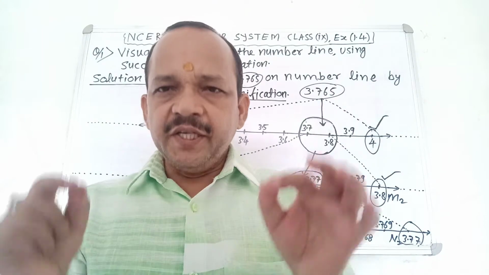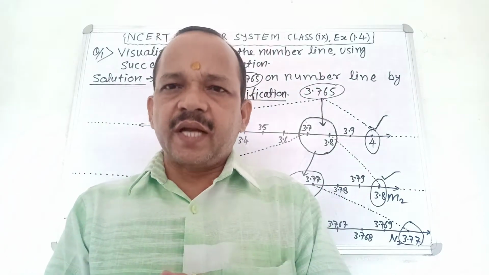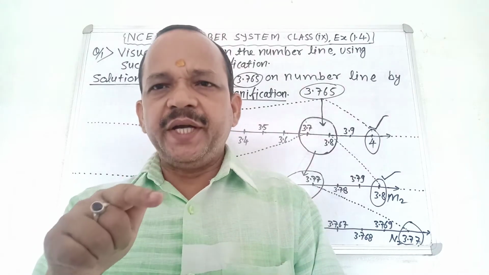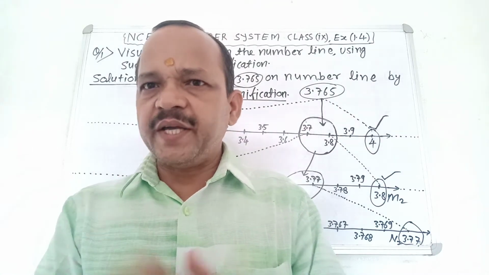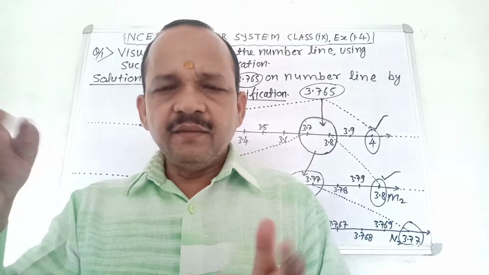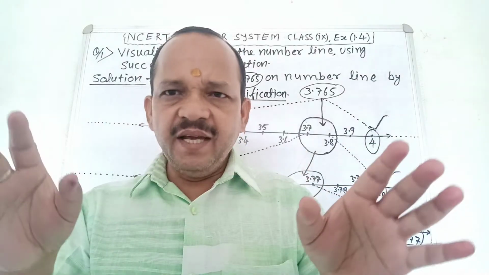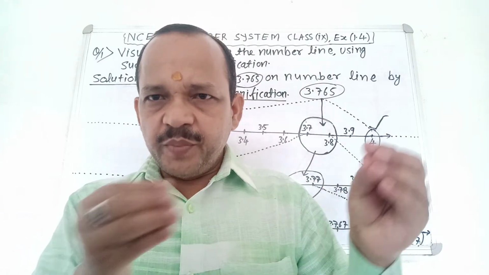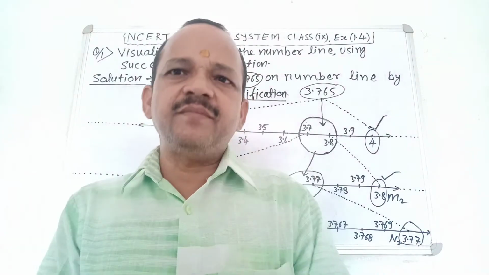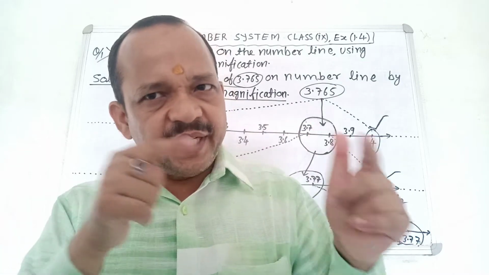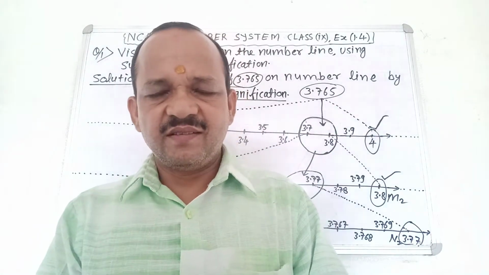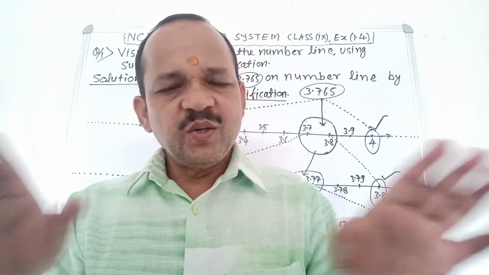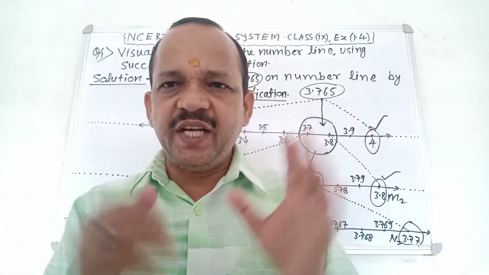It means I want to describe the position of 3.765 on the number line, that is, visualize a real number with a terminating decimal expansion on the number line. No confusion about the question?